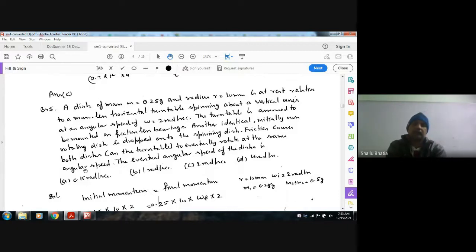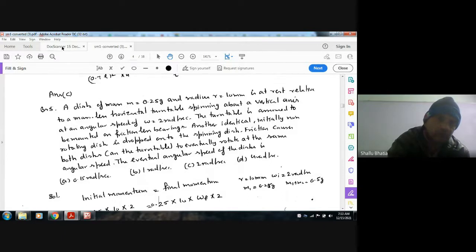Another identical initially non-rotating disk is dropped onto the spinning disk. Friction causes both disks and the turntable to eventually rotate at the same angular speed. The eventual angular speed of the disk is option A 0.5 radian per second, option B 1 radian per second, option C 2 radian per second, option D 4 radian per second.